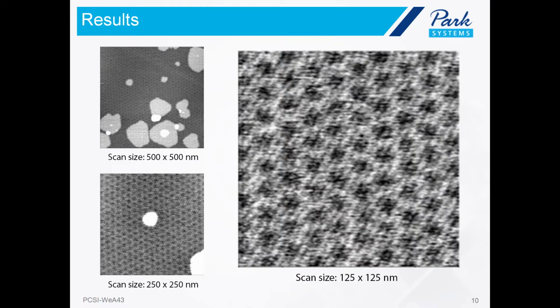We blew up the magnification again. And this time we're looking at 125 by 125 nanometers. And by the time that we get to this level of magnification, we see that the superlattice constants, or the areas here in this image of darker contrast, they're not occurring randomly.